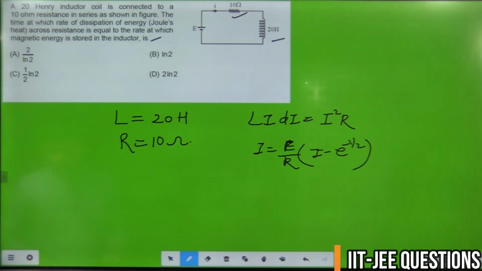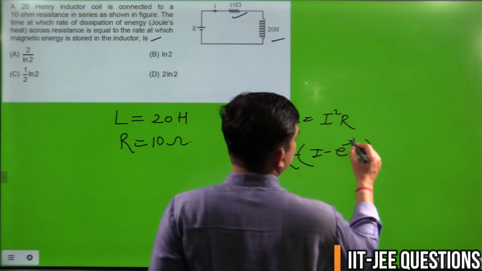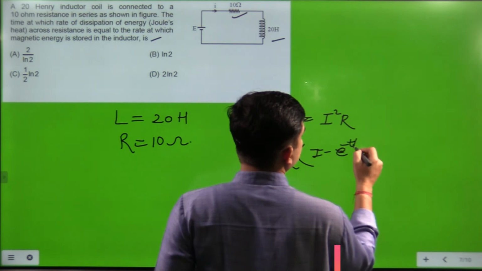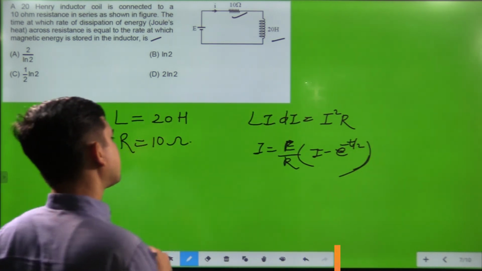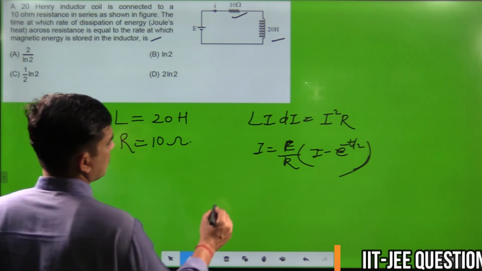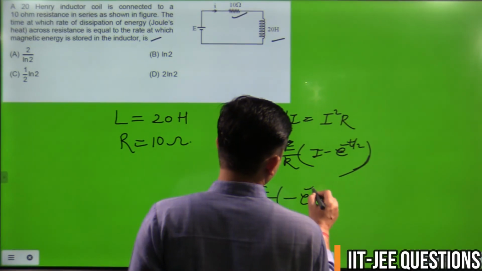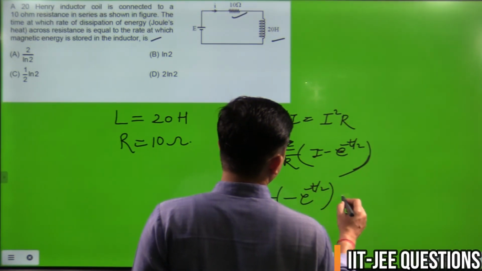The simple formula. We will get L in this equation, E by R into 1 minus e to the power minus t by 2.